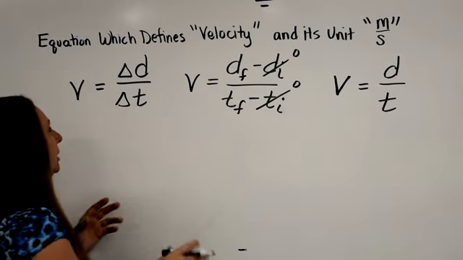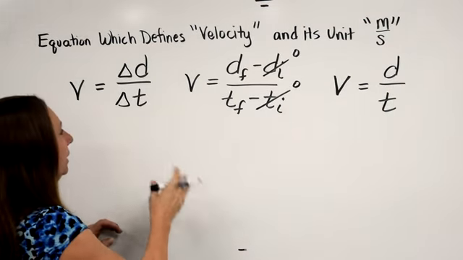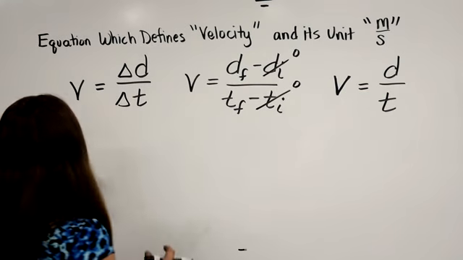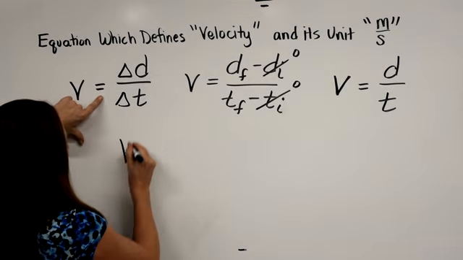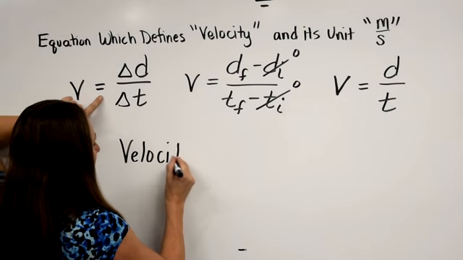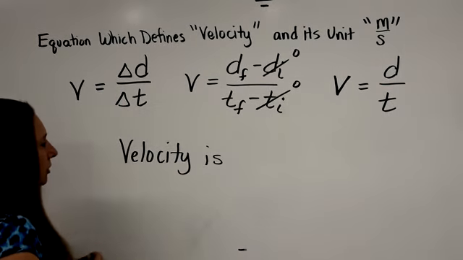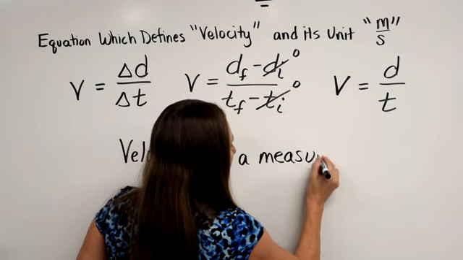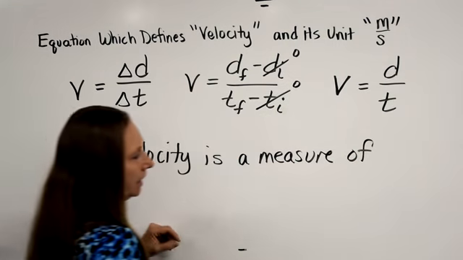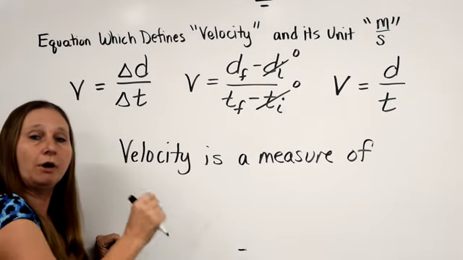Now, how do we take this equation and change it into an English sentence? All right, here we go. Velocity is, see, equals means is. Now, a measure of, I'm just throwing in some words here. Now, you see time on the bottom, so you know it is a rate.